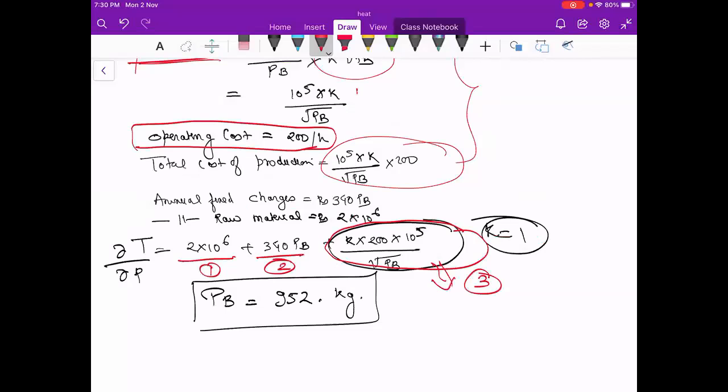Every time, the optimization question is of 2 marks, like the f1, f2, x and y we calculated in yesterday's class, which are also of 2 marks. But here you have to frame the equation. If they give the direct equation, that is somewhat luck, but it is easy for all.